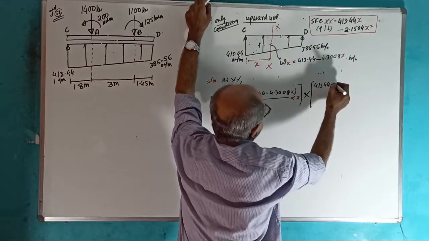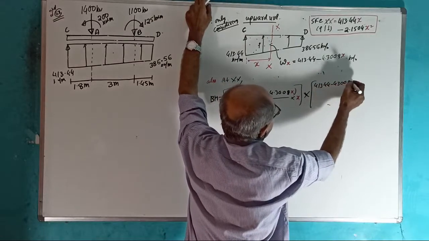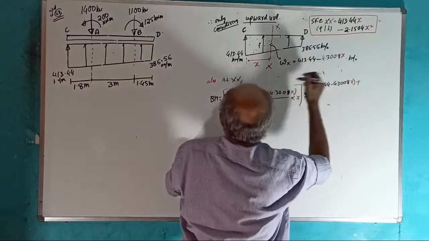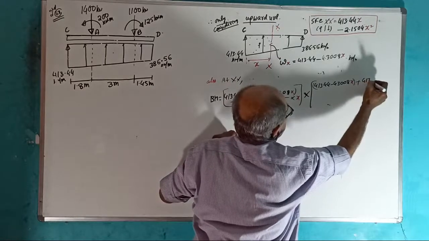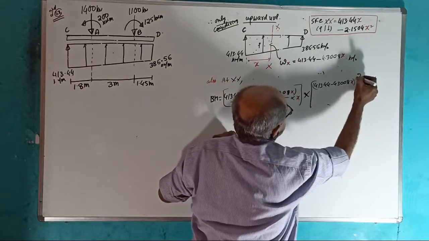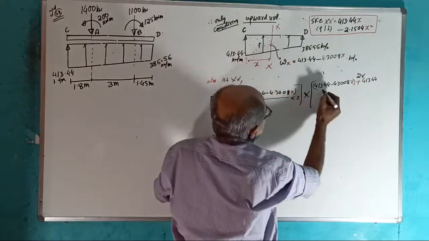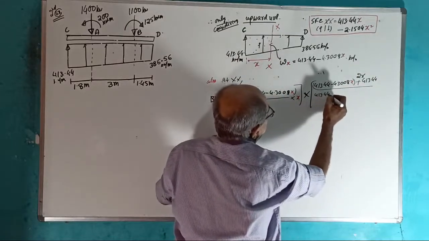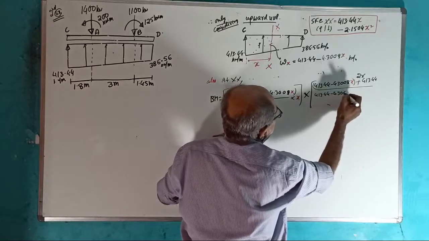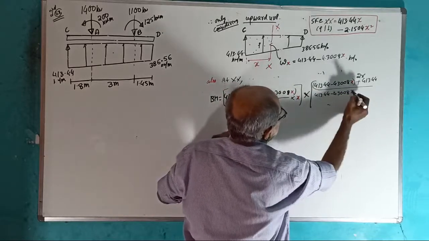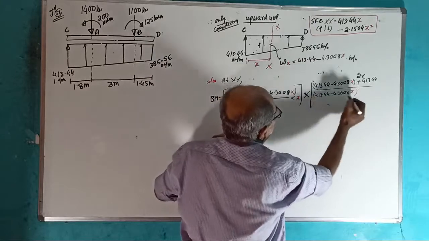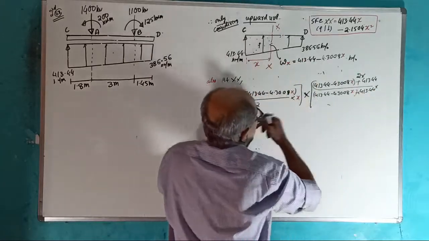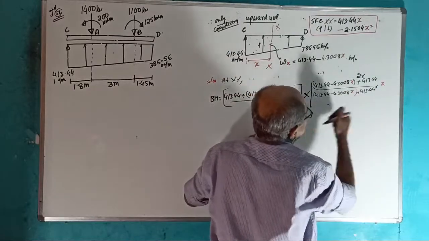Equal to bracket 413.44 minus 4.3008x, this side plus this side, 413.44 into 2 times of that side, 2 times of this side divided by sum of these two sides, 413.44 minus 4.3008x plus 413.44 into distance between them, x divided by 3.